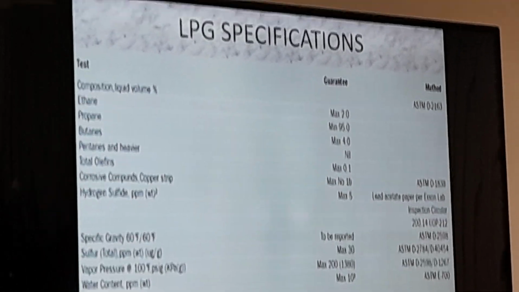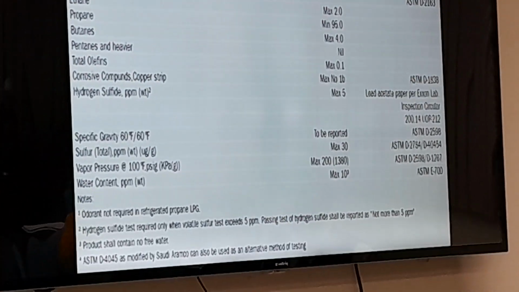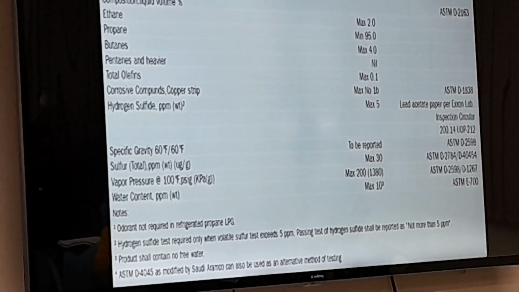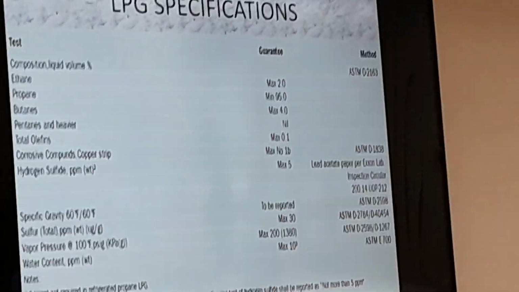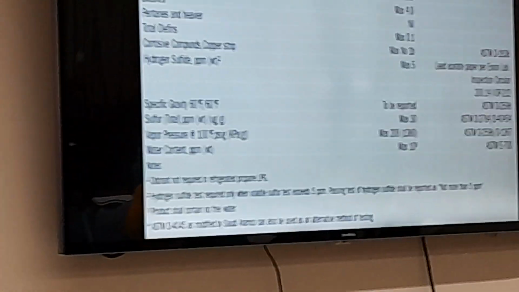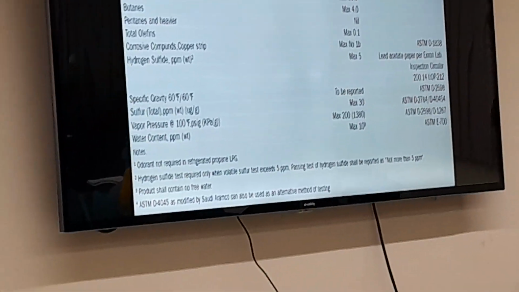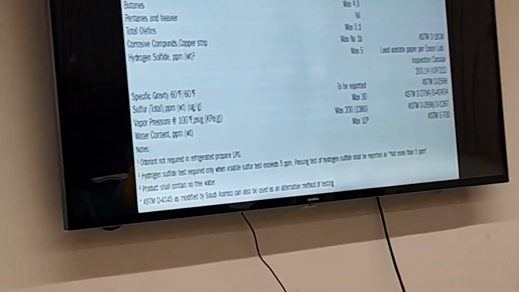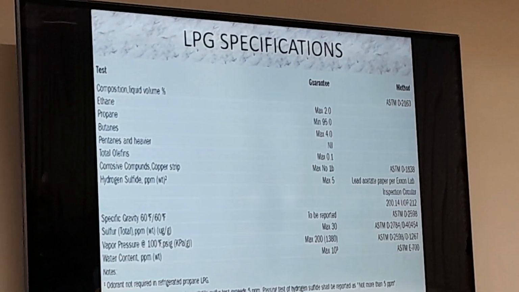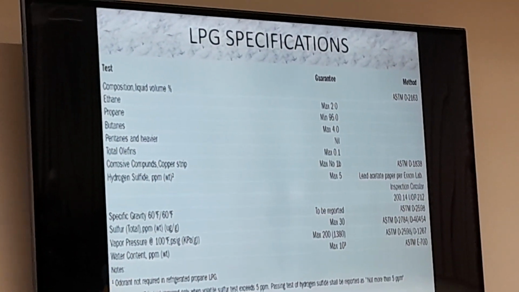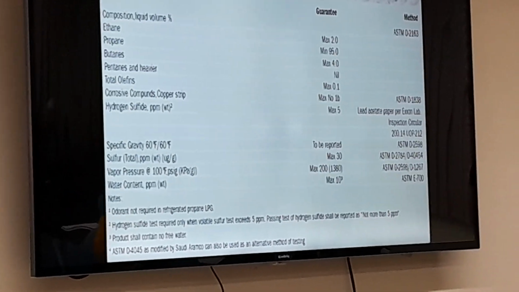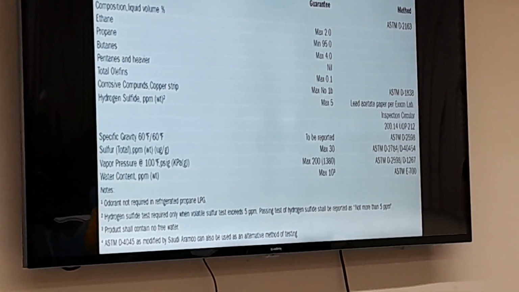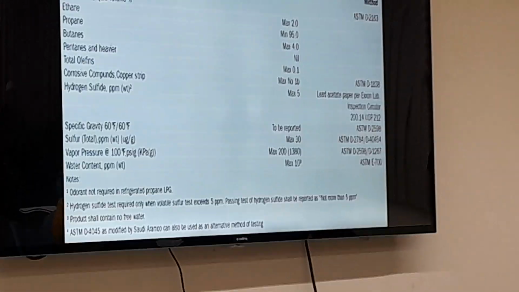Hydrogen sulfide maximum 5, specific gravity to be reported, maximum sulfur 30 ppm, and this is the vapor pressure at 100 degrees Fahrenheit, PSI maximum 200, and then kilopascal is 1380, and water content maximum 10 ppm per metric ton.